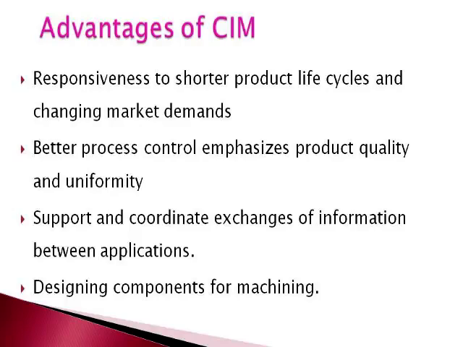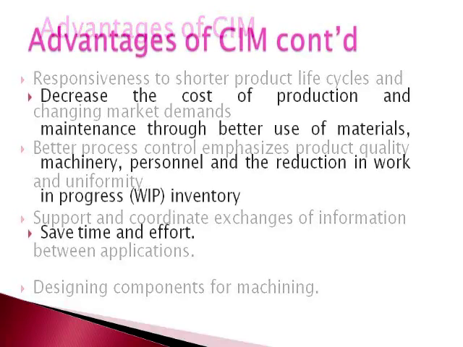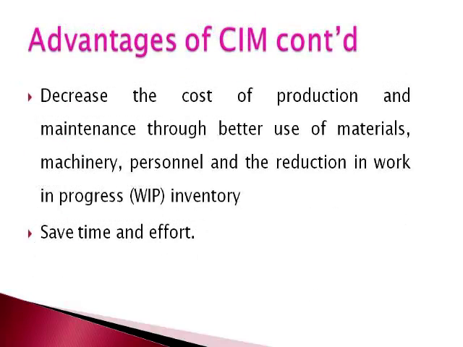Support and coordinate exchanges of information between the application and the designing components for machining. Decrease the cost of production and maintenance through better use of material, machinery, personnel and reduction in WIP inventory. Save time and effort. These are the prime advantages of computer integrated manufacturing.